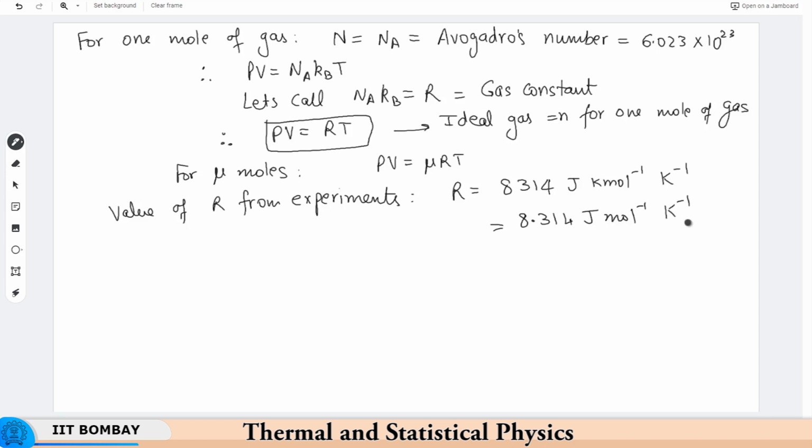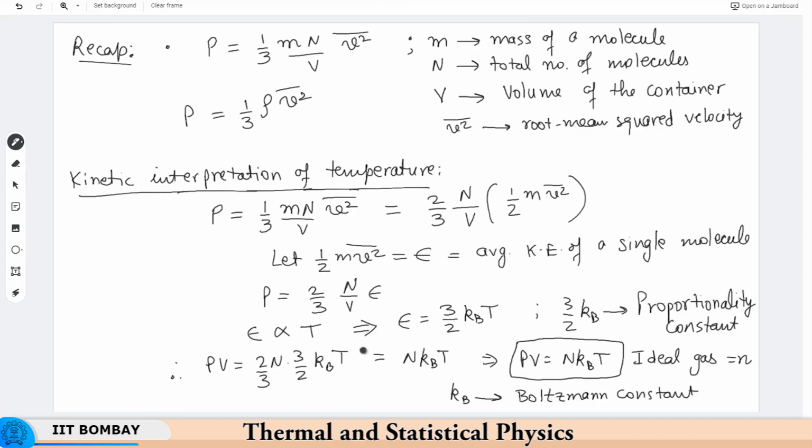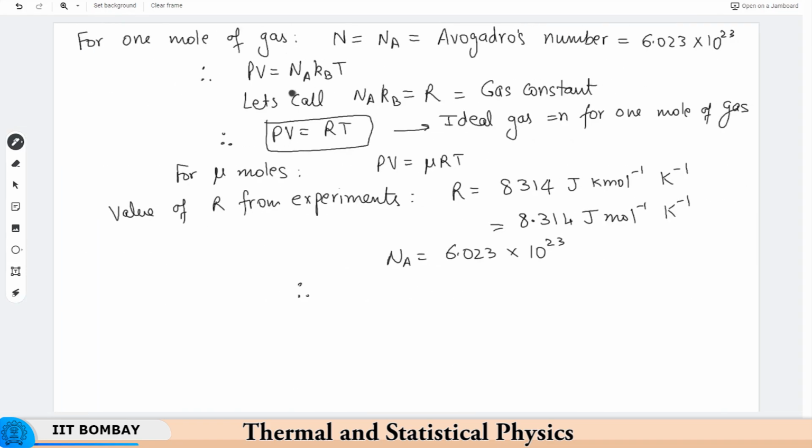right. And remember our Na was Avogadro's number 6.023 into 10 raised to the power 23. So therefore, from here we can get the value of the Boltzmann constant, which is R by Na.